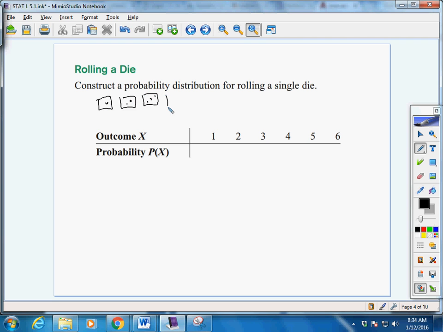If I roll a die, one of these 6 things is going to come up, so there are 6 total outcomes. What's the probability that a 1 comes up? Just 1 out of the 6. A 2? 1 out of the 6. 3, 1 out of 6. 4, 1 out of 6. 5, 1 out of 6. And 6, 1 out of 6.